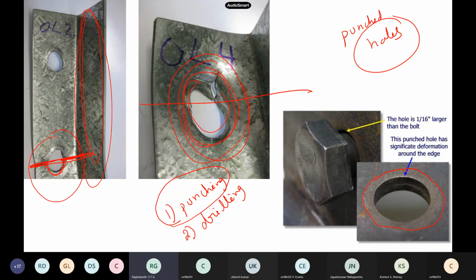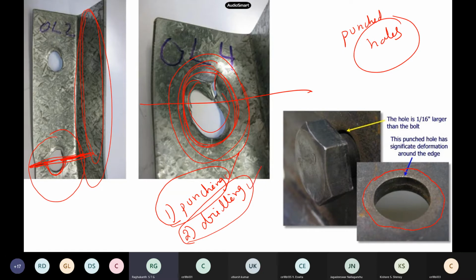They are not net section rupture. The whole plate has not ruptured like here. But near the hole you will sometimes see the failure pattern like this. So this happens at punched holes. When you are doing drilling, this problem will not be there. This is also one thing they have observed in many failures. So we will see whether it is a punched hole or a drilling hole.